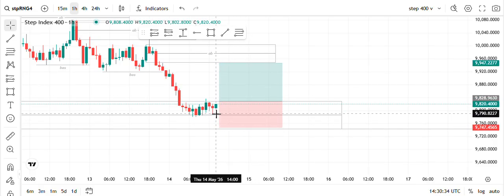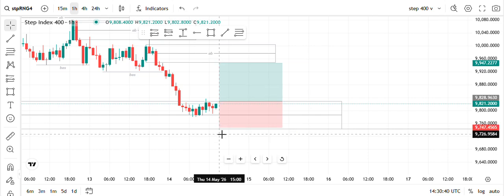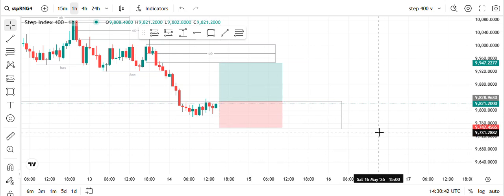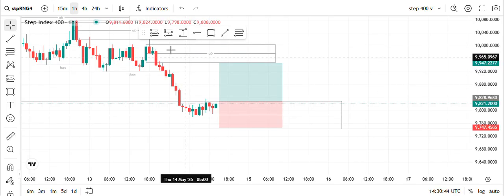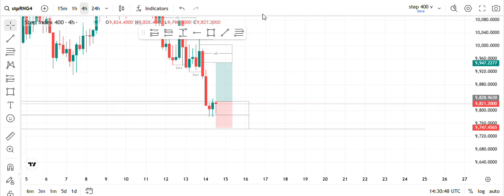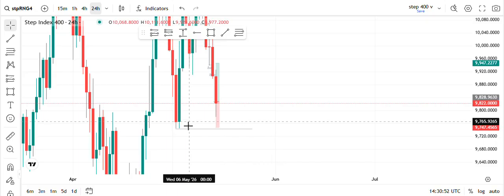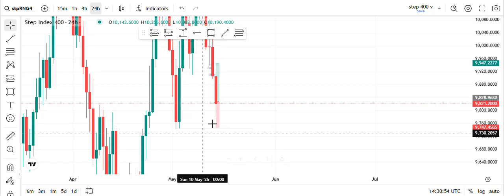So I put it here, below this, which initially I wanted to put under here because as you can see, here was another interest. Is it in the 4 hours, or is it in the daily? I think it's in the daily that it showed more. In the daily is this level here.